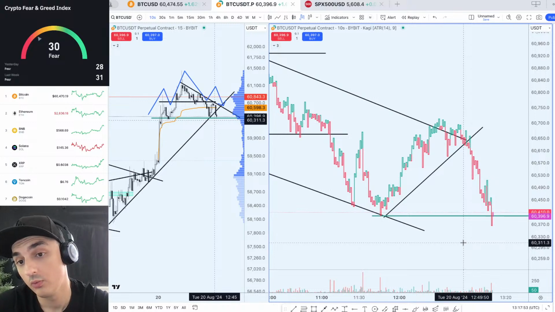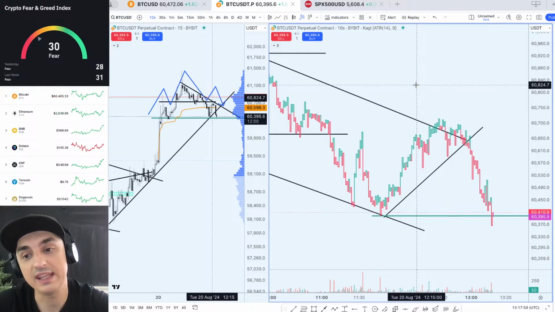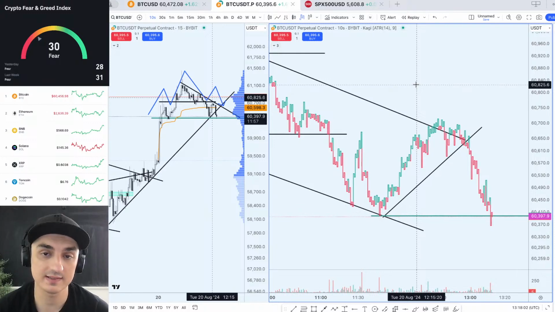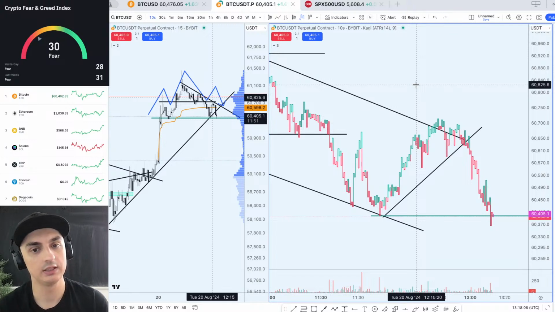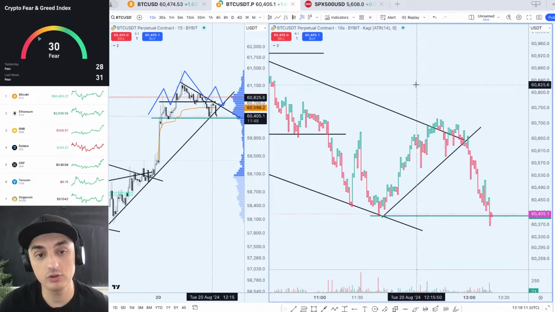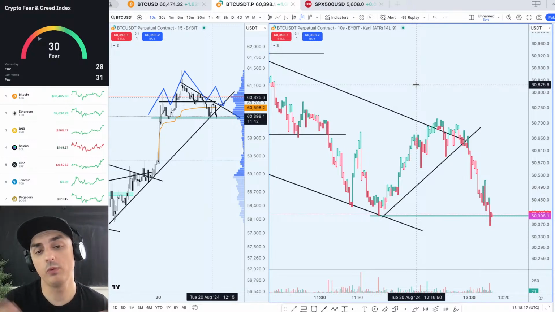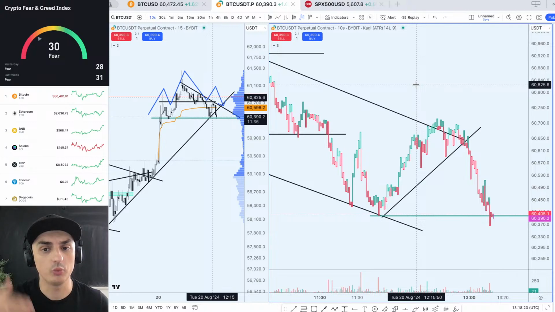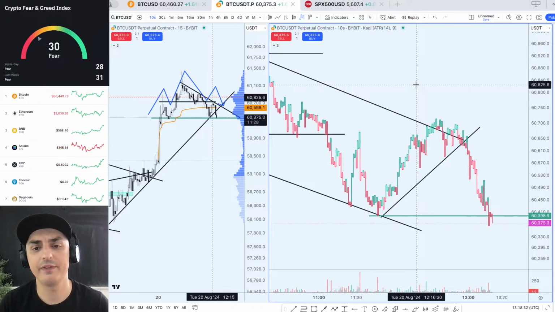What I decided to do is open smaller positions, take a higher range for the stop loss, and take maybe smaller profits, but at least I would have an opportunity to withstand this market volatility. If you're watching this stream, you probably already noticed that during the stream we sometimes get swings of up to $1,000 to the upside, sometimes $1,000 to the downside, and that affects the stop loss strategy a lot.